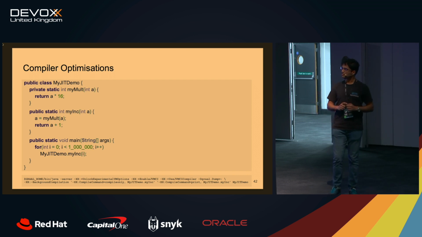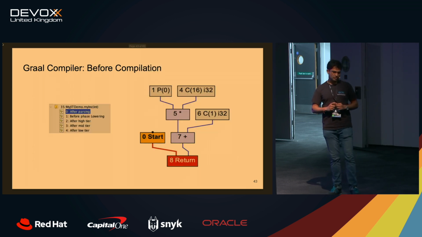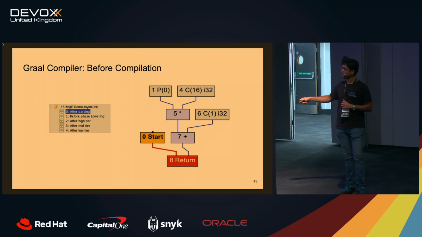So let's see the graph for this program. Again we have the start node, and we return the result. The return value is the addition with constant 1, and before returning the result, we are also adding the multiplication of parameter 0 and 16. So we multiply by 16, add 1 to it, and return the result. Okay.